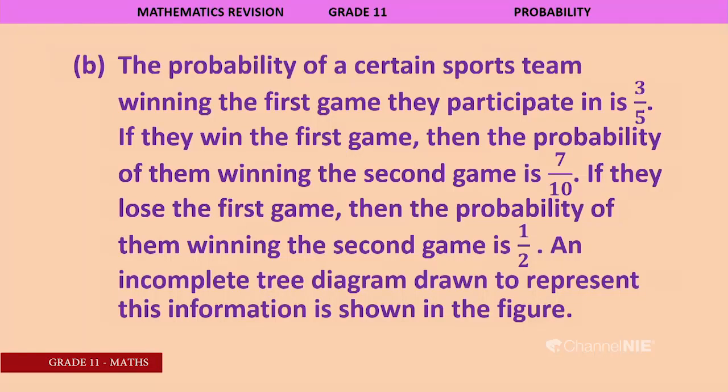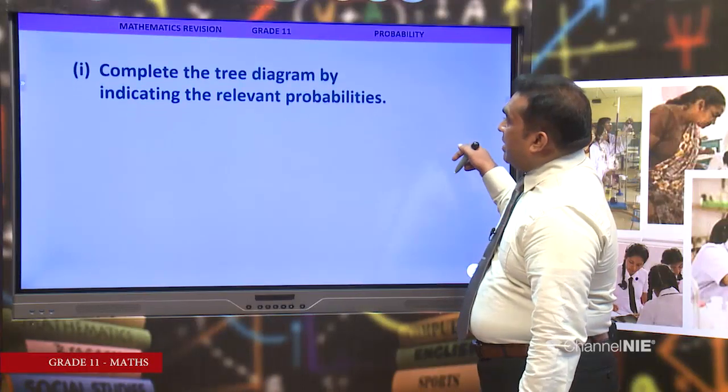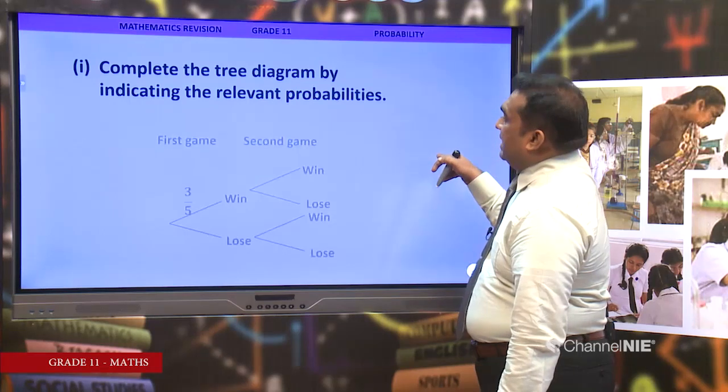If they lose the first game, then the probability of winning the second game is half. An incomplete tree diagram drawn to represent this information is shown in the figure. We will see it. Complete the tree diagram by indicating the relevant probabilities.